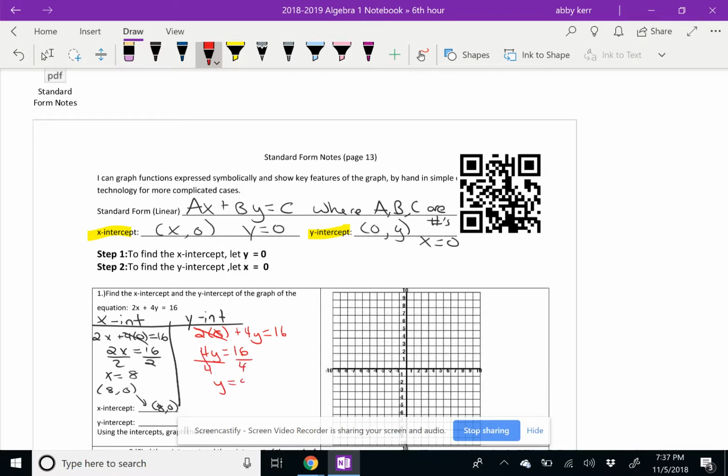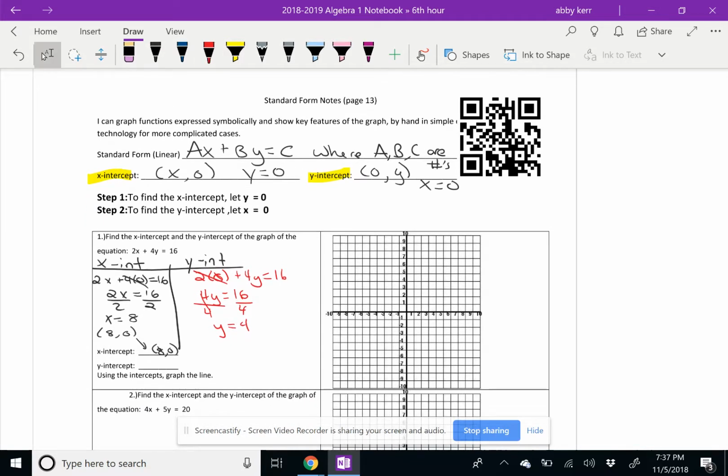So then we have y equals 4. Now, just like I mentioned, your x value is 0, and then your y value is whatever you found. So notice I plugged in the 0 for my y value, and my x-intercept appeared. Now I'm going to put in 0 for my x value, and then my y appeared.